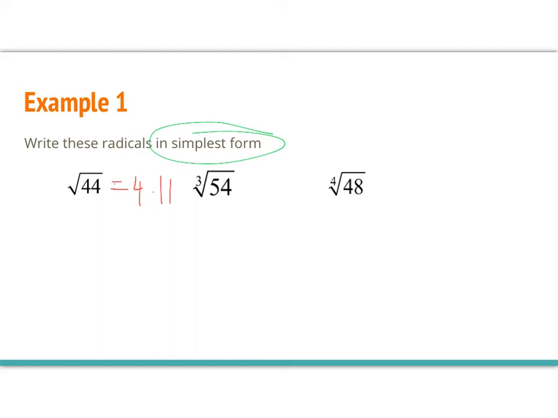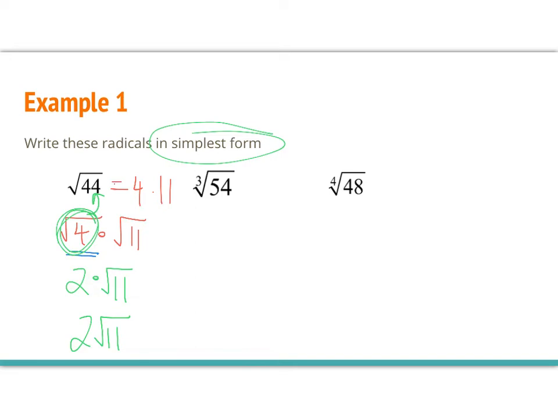So I could write this as the square root of 4 times the square root of 11. Now this is really great because the square root of 4 is 2. Now we can't square root 11, so we will still say that it is times the square root of 11. We write this without the multiply, we just say 2 root 11. So what we're going to look for is the perfect powers that might multiply to our number. All right, so let's look at the next one.